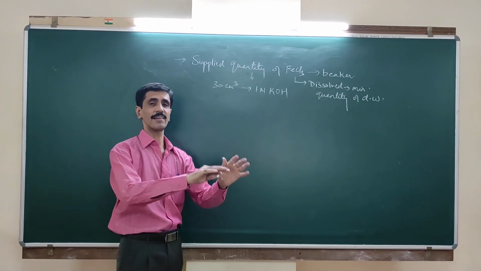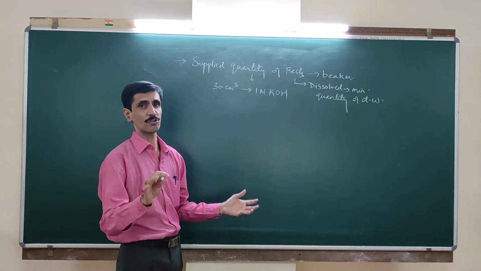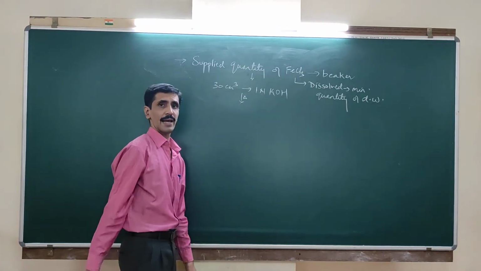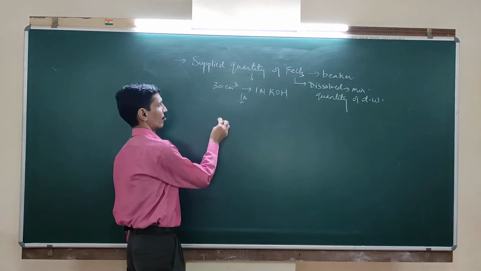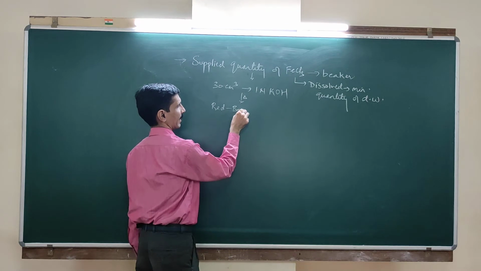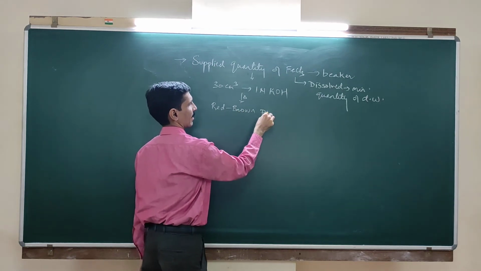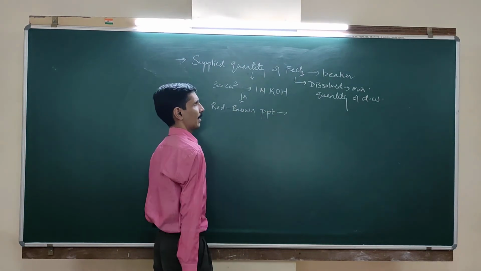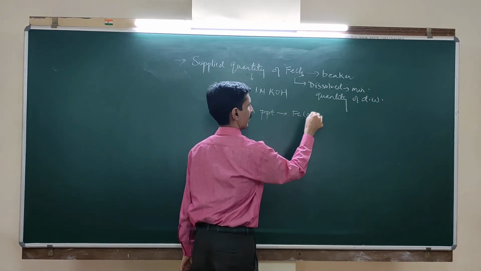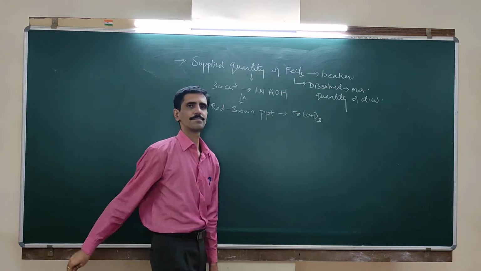Now this results in, we need to form the solution also, so that precipitation can take place very well. And after forming, you will see that there is going to be a reddish brown PPT formation, and that PPT is of ferric hydroxide, that is FeOH thrice.